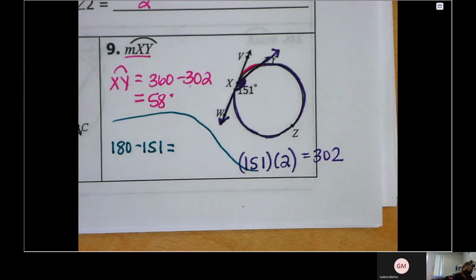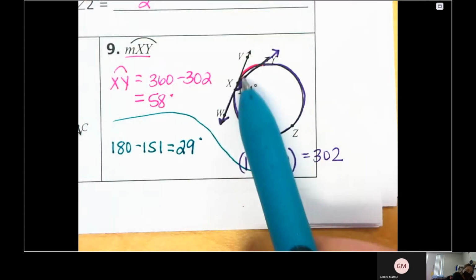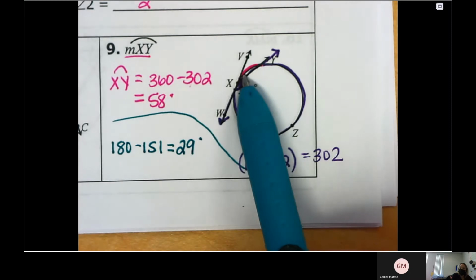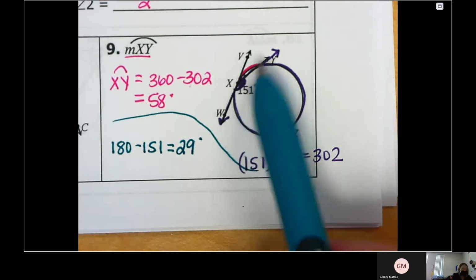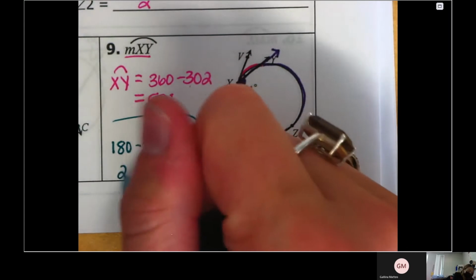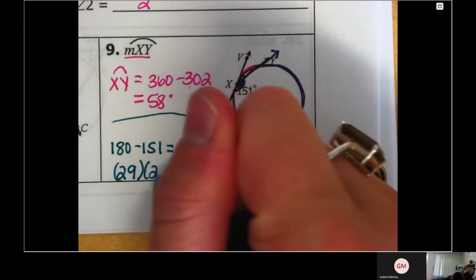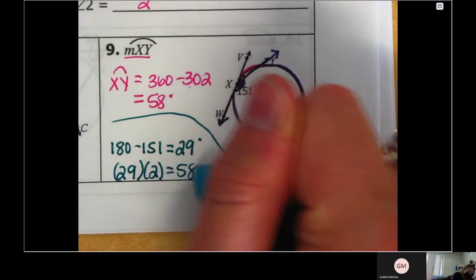And you get, what is that, 29? Yep, you get 29 degrees. So this angle in here is 29 degrees, and then he multiplied 29 times 2 to get the arc over here. And he also got 58 degrees.